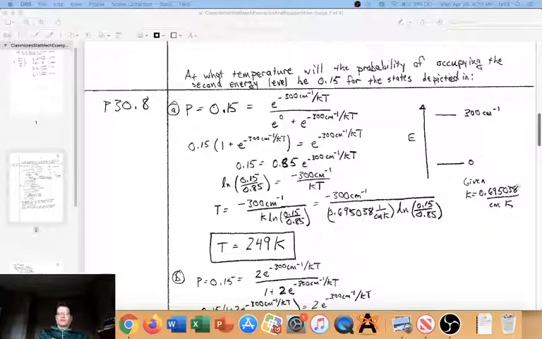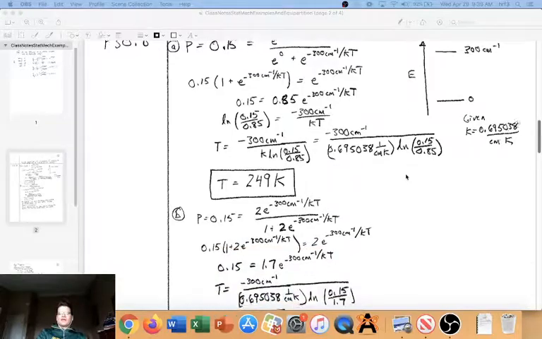We can do that conversion so we can get to temperature, and the temperature is 249. So if your first excited state is separated by that much, it would take 249 Kelvin for your population to be 15% in that first excited state.